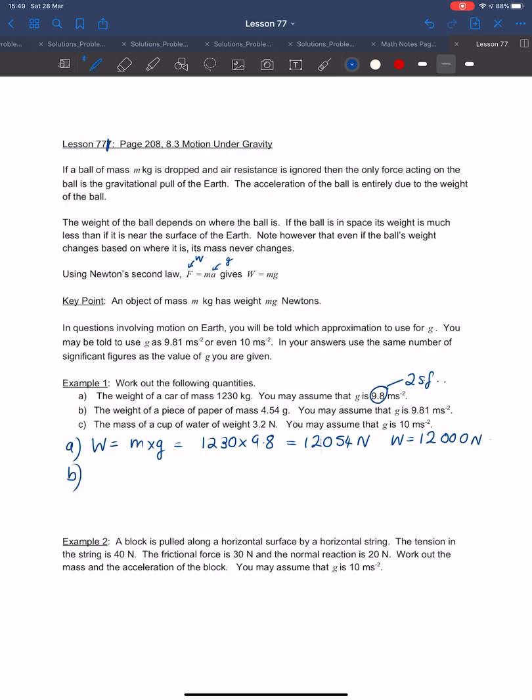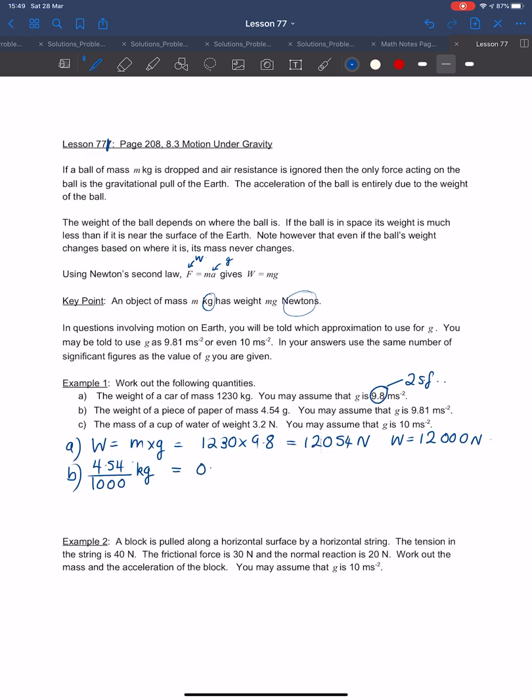The weight of a piece of paper of mass 4.54 grams. You may assume that g is 9.81 metres per second squared. So 4.54 grams. 1,000 grams is a kilogram, so we've got to start by dividing it by 1,000 to work out how many kilograms we've got. Because, if you remember, for newtons we need kilograms for the mass.